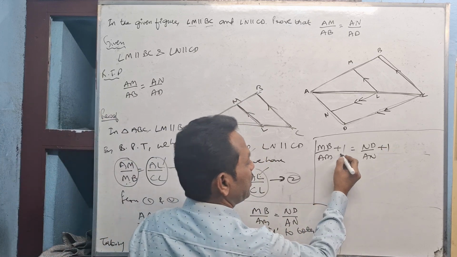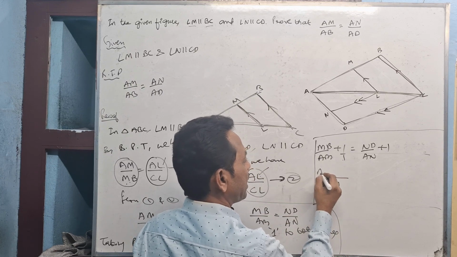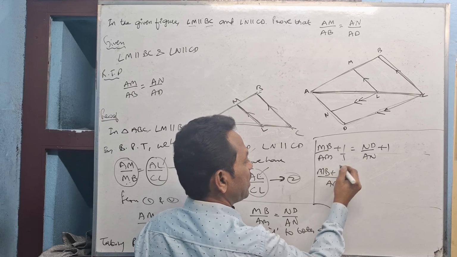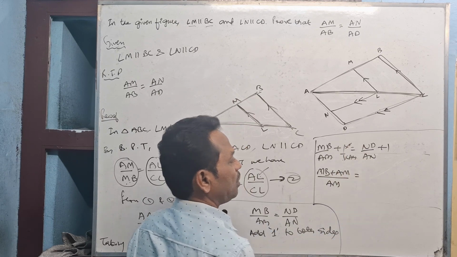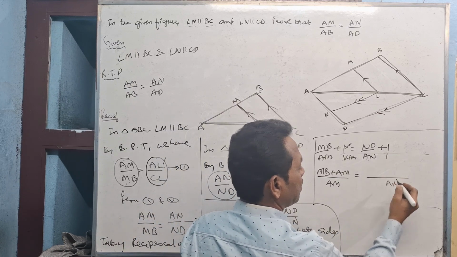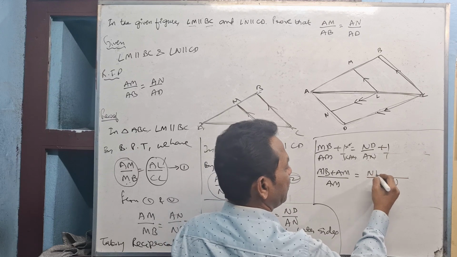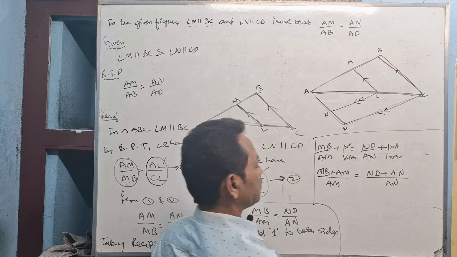Now let me take the LCM. The LCM for the denominator is AM, so you get MB as it is, plus 1 into AM, which gives AM, equal to, on the right, the LCM AN, so ND plus 1 into AN, which gives AN.